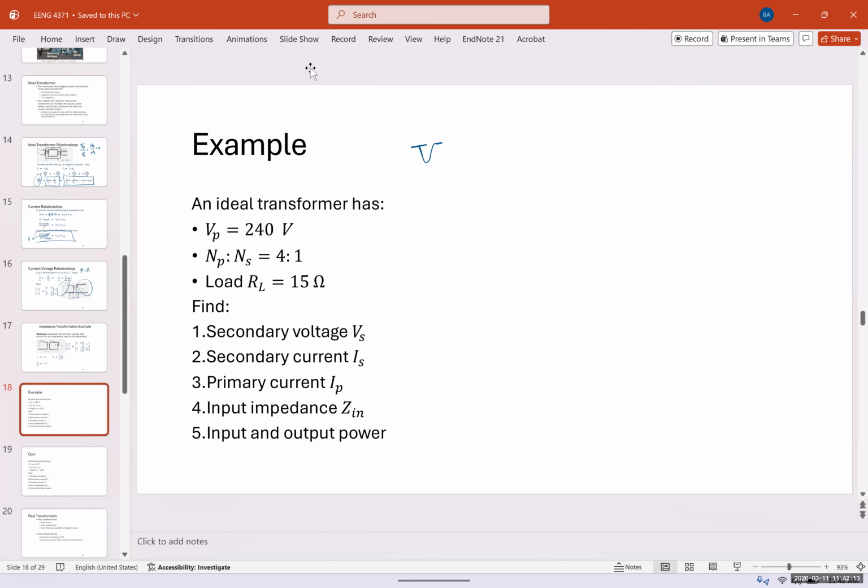Now, we know that V primary over V secondary, or V1 over V2, is equal to NP over NS, which is equal to 4. So Vs would be equal to primary, which is 240, divided by 4, which would give us 60 volts. So the secondary voltage is 60 volts.